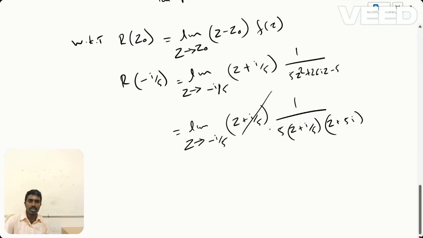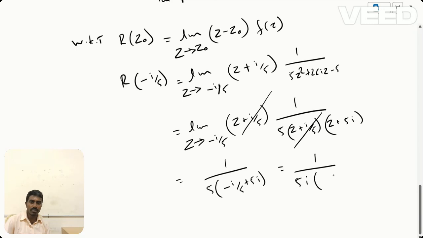Now these two get cancelled. Now what do we get? 1 by 5 into minus i by 5 plus 5i. So which is equal to 1 divided by 5 into, so that i also common, then 25 minus 1 by 5. So 5 gets cancelled. Then what do we get? 1 by 24i. So this is the residue value.